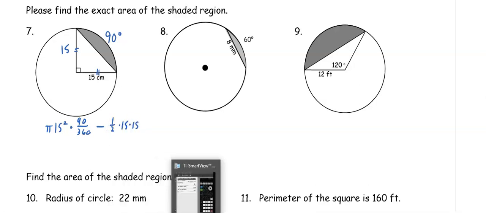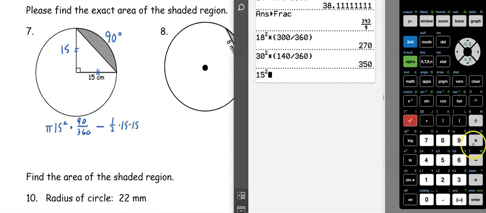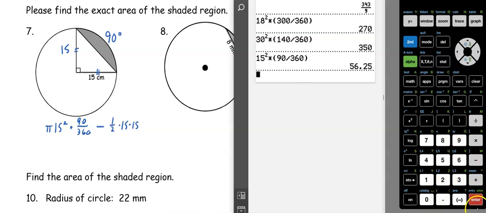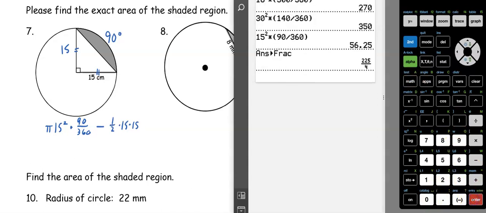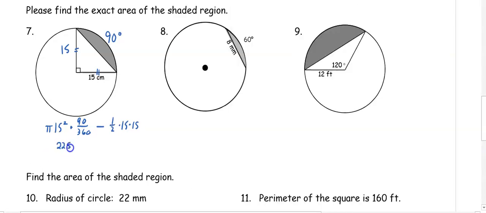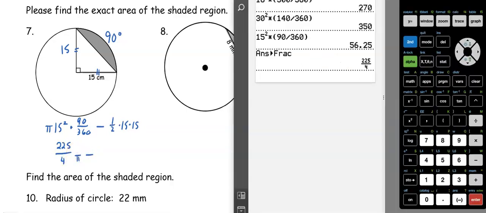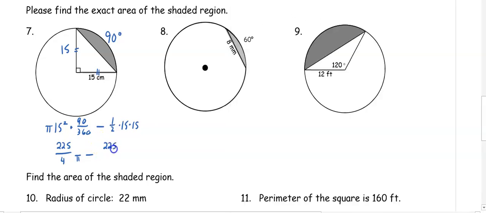So when we multiply 15 squared times 90 divided by 360, math, enter, enter, we get 225 over 4 pi minus 0.5 times 15 times 15. So we get 225 over 2 centimeters squared.